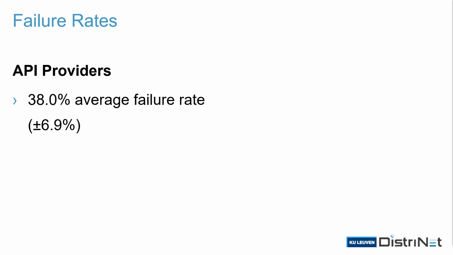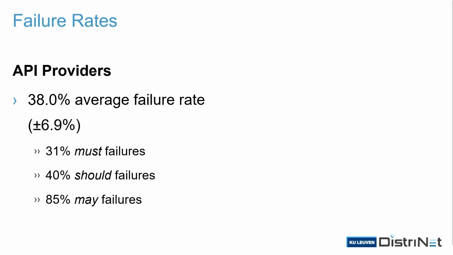So if we split this 38% into the different requirement levels, we get the following results. Unsurprisingly, a lot of the optional countermeasures are not implemented, but still almost 1/3 of the mandatory to implement countermeasures are also not implemented.